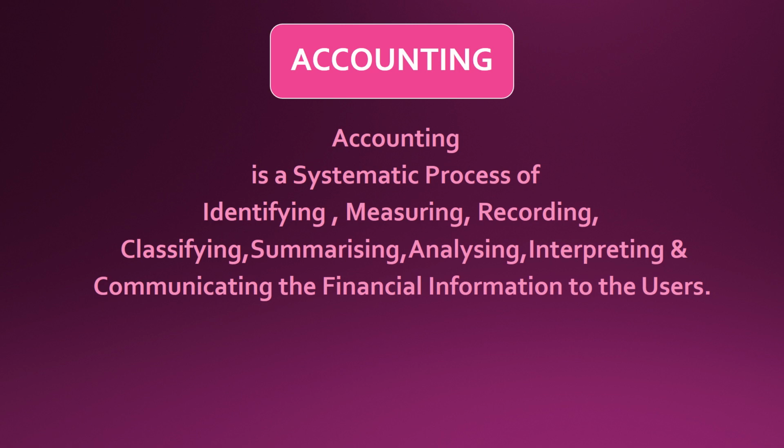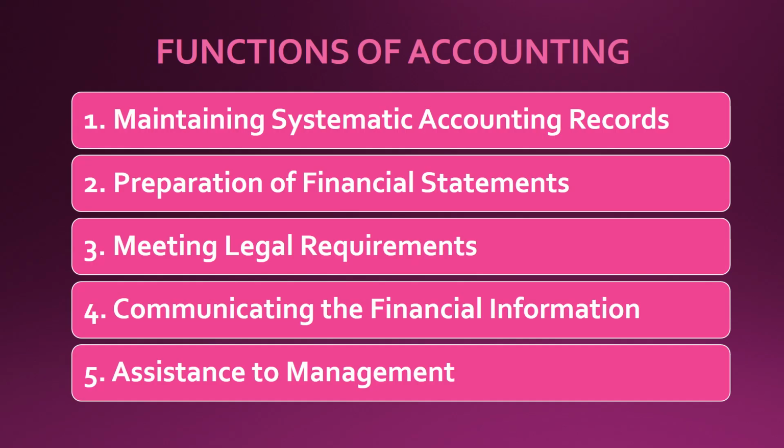So today we start with the functions of accounting, and the first function of accounting is maintaining systematic records of accounting. That is, maintaining systematic accounting records. This function is the base function.